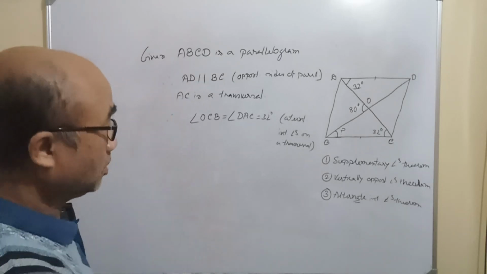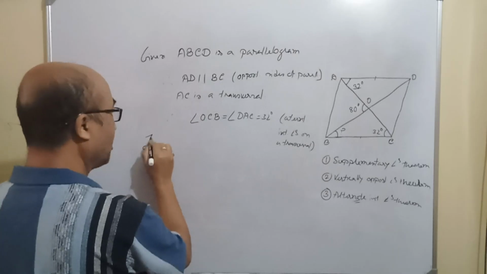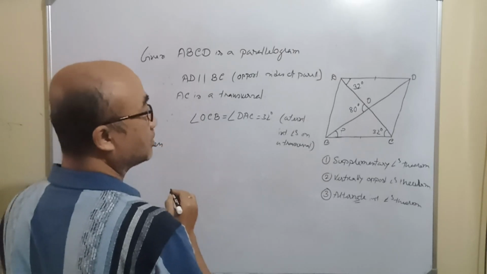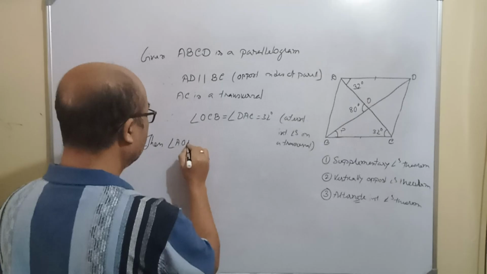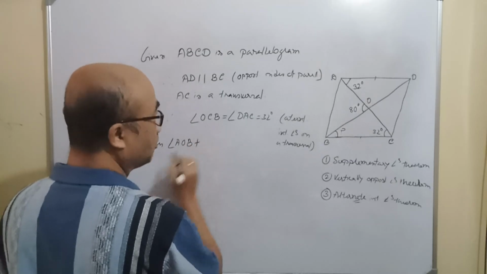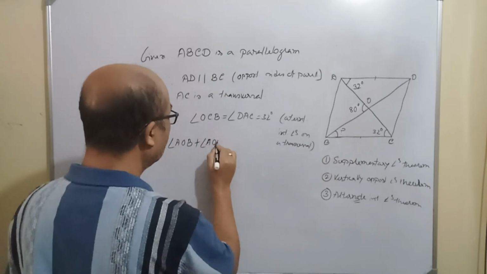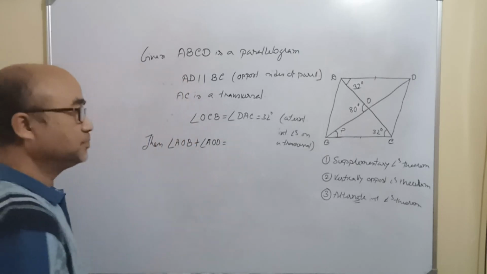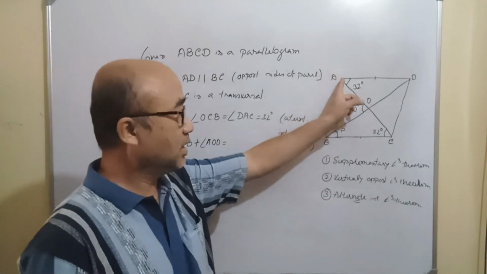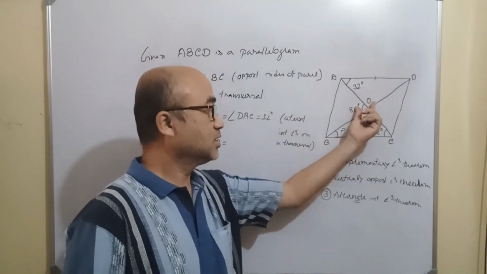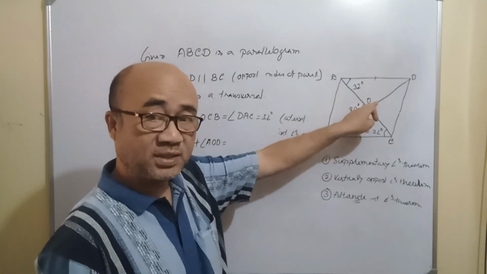Then we have angle AOB plus angle AOD. These two angles, AOB is 80 degrees. What is the measure of this angle?